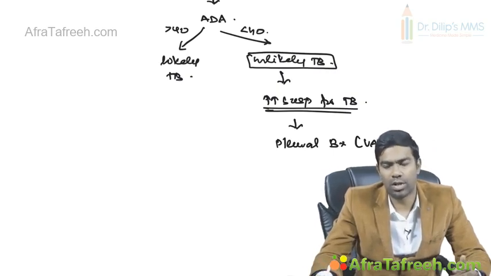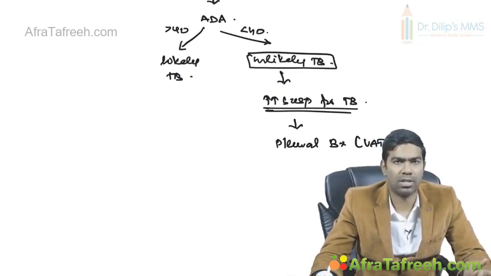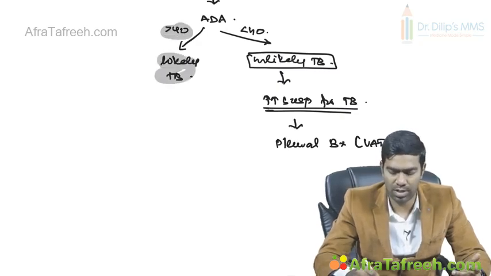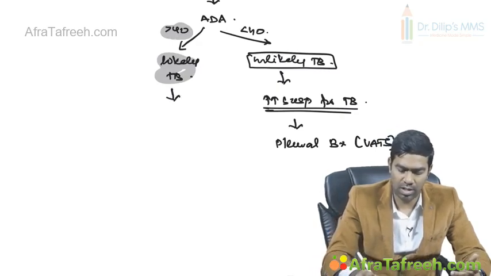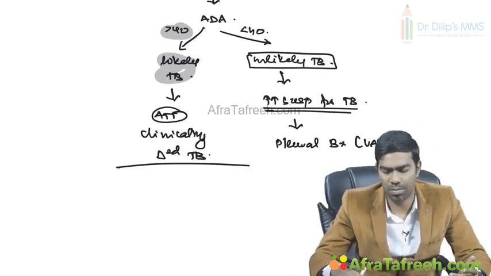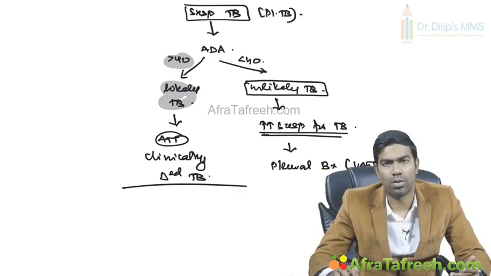If it's more than 40, definitely it's likely to be a TB, but still if you have some other suspicion also, you can do a VATS. But anyway, typically in India, more than 40, we generally take it as a TB, and you can start ATT therapy. This is what we refer to as clinically diagnosed tuberculosis. This is how you approach a suspected tuberculosis.